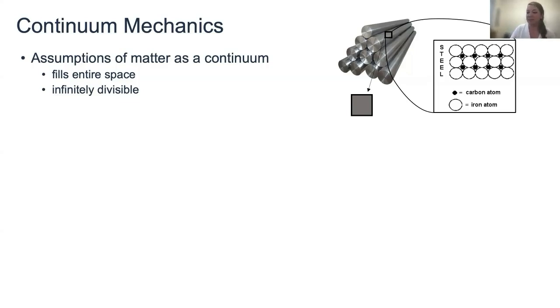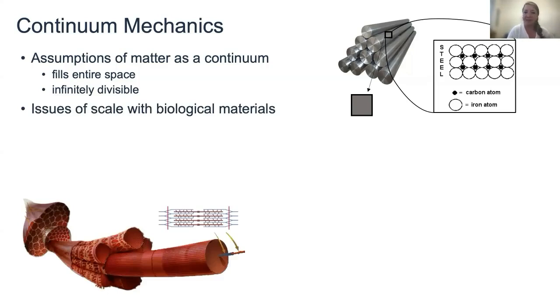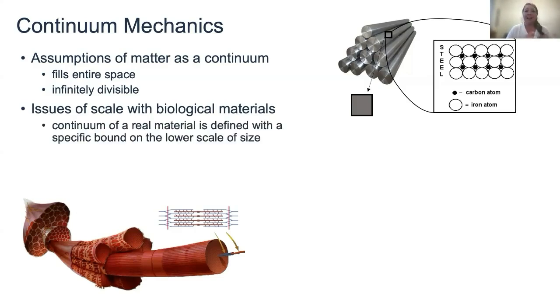So this becomes trickier with biological materials like muscle and tendon and many others, in that our scales, as we move across the hierarchy, are not quite as easy to make these continuum assumptions, right? We have to consider what scale of tissue we're working with to make these assumptions about it filling the entire space, being infinitely divisible. Because when we have a continuum, it's going to be defined with a specific bound of what our lowest size scale is.